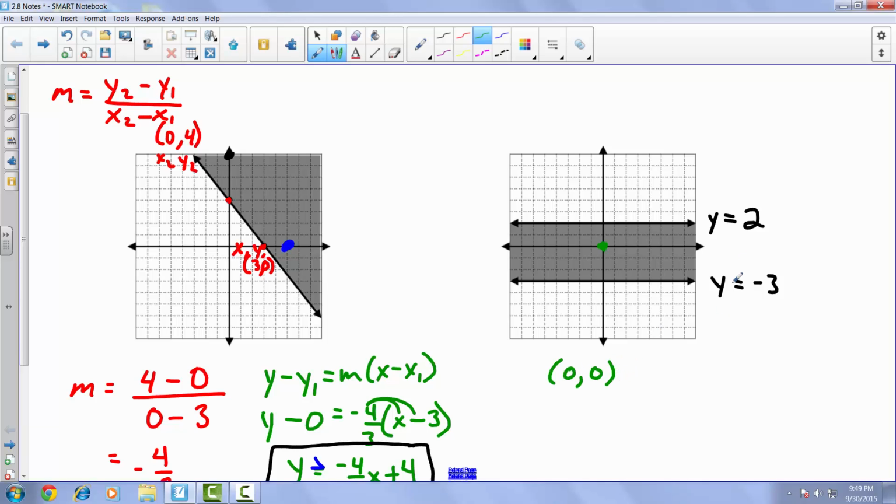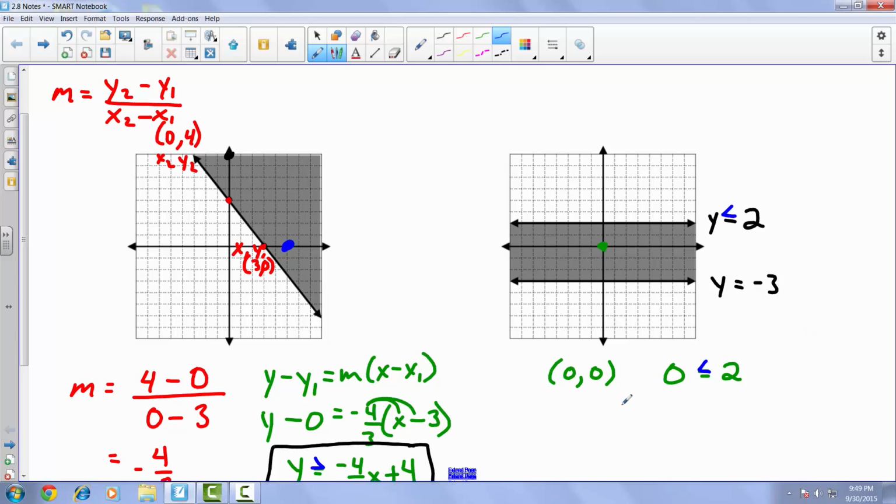Just looking at this line, is 0 equal to 2? No, it's not equal to 2, but that can help us in determining what this inequality is. Well, in order for this to be true, 0 would have to be less than or equal to 2. And as a result, we can change this line into y is less than or equal to 2. Similarly, looking at y is equal to -3, we can also use the origin.